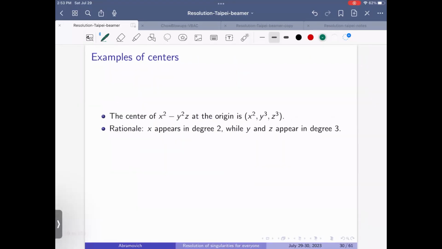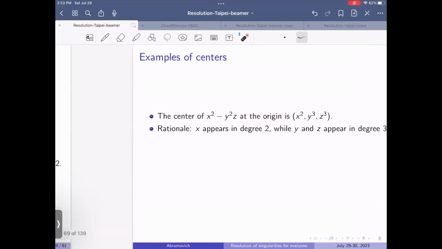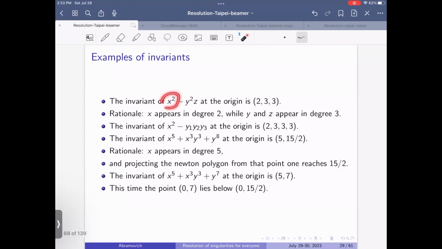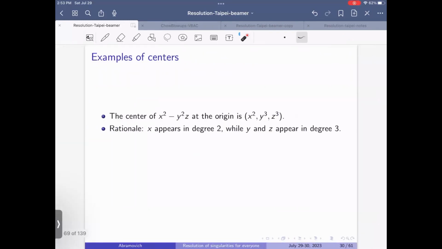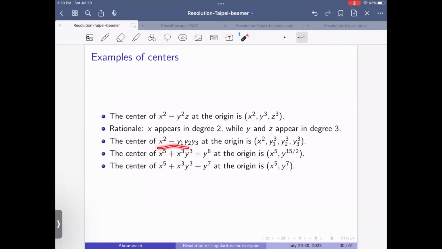So the center of this is going to be X squared, Y cubed, Z cubed, which is precisely what you get by taking the relevant variables and putting them in these powers. The center for this is X squared, Y1 cubed, Y2 cubed, Y3 cubed. Here I have X to the 5th, Y to the 15 over 2. So you notice that the powers can be fractional. And if I had a 7 here, then, okay.